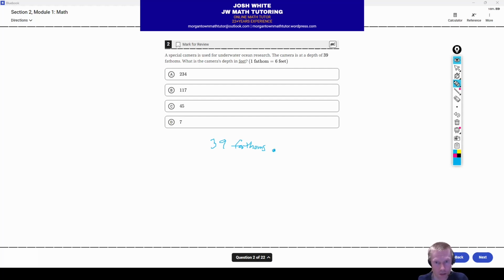So if you do factor label, you can just take the 39 fathoms and multiply that by the conversion factor, which is 1 fathom on the bottom and 6 feet on the top. So now these units will cancel out. Just multiply 39 times 6, and we get 234. So the correct answer for this one is just going to be letter A.